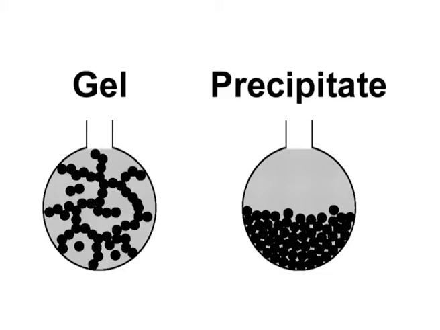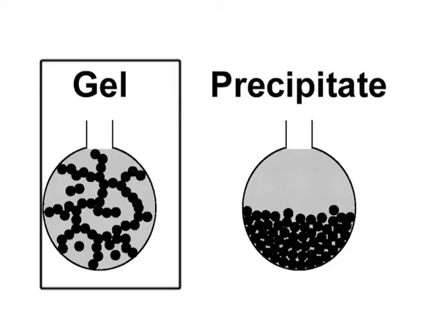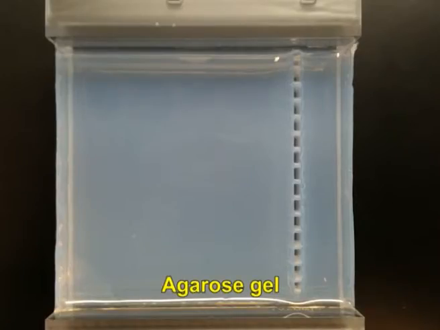Instead of solution, in gel phase precipitation, a gel is used as a semi-solid medium. There are pores present in the gel that allow the movement of the molecules. The gel is called the agarose gel.